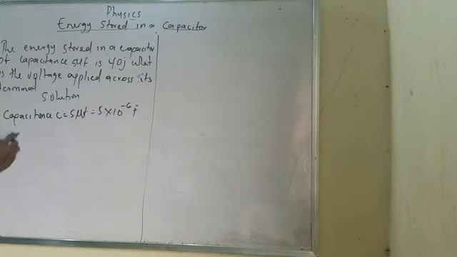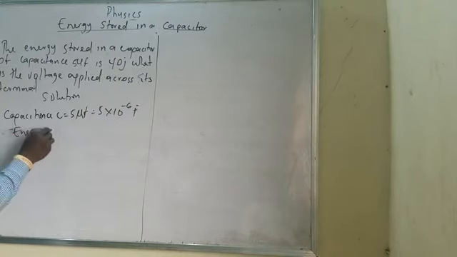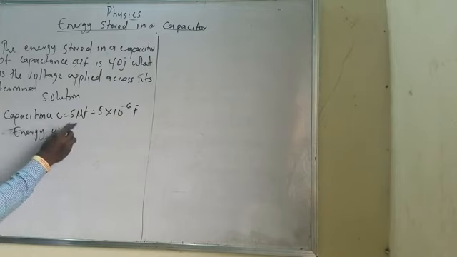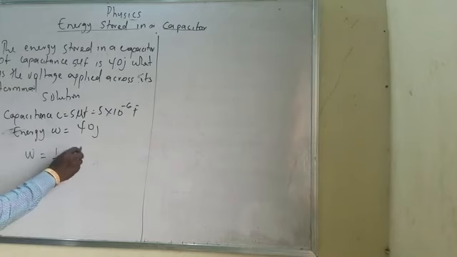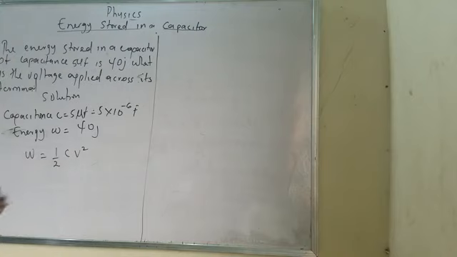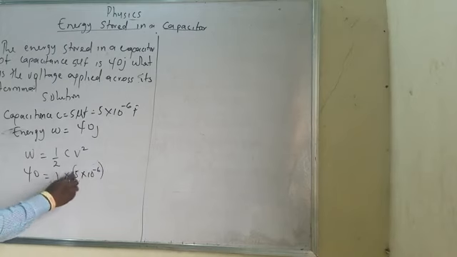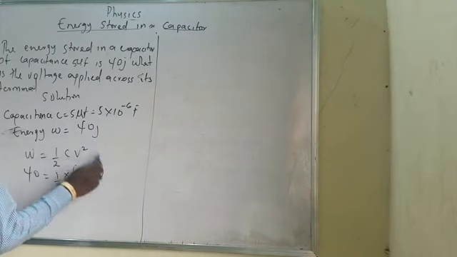Now, my energy W equals 40 joule, and I know that my energy equals 1 over 2 capacitance volts squared. Putting them in place, I'll be having 40 equals 1 over 2 multiplied by 5 multiplied by 10 raised to power minus 6 multiplied by V squared.